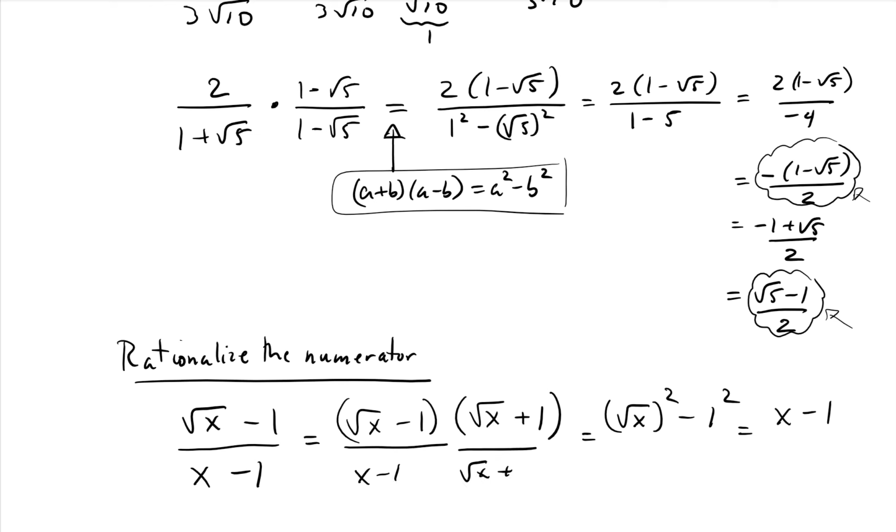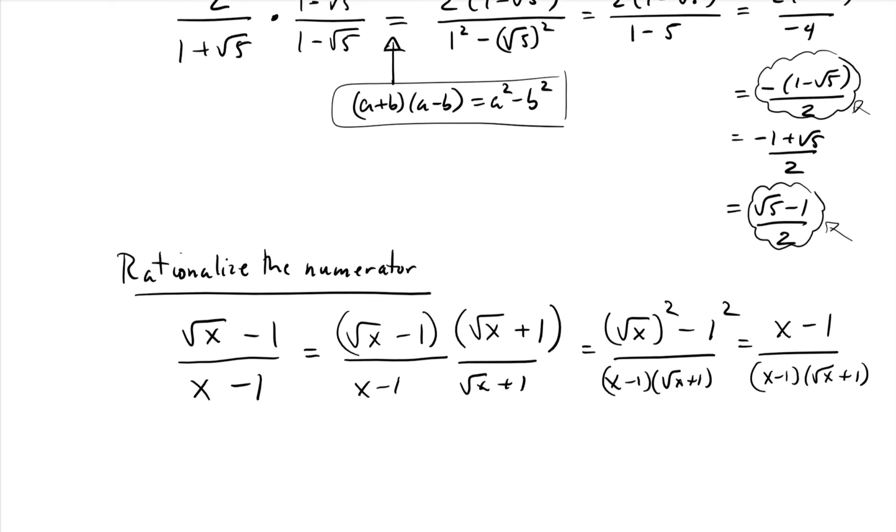But of course, if I do this, it's going to introduce a radical in the denominator now. We keep things factored because we're hoping that maybe things will simplify in the end. And you see in this example, I've got x minus 1 and x minus 1 that are common at the top and at the bottom, and I can remove them.